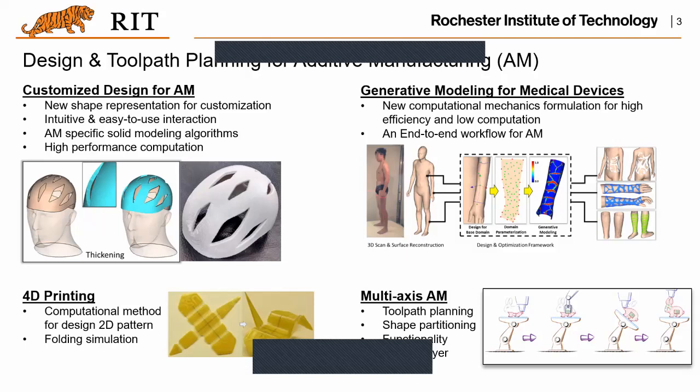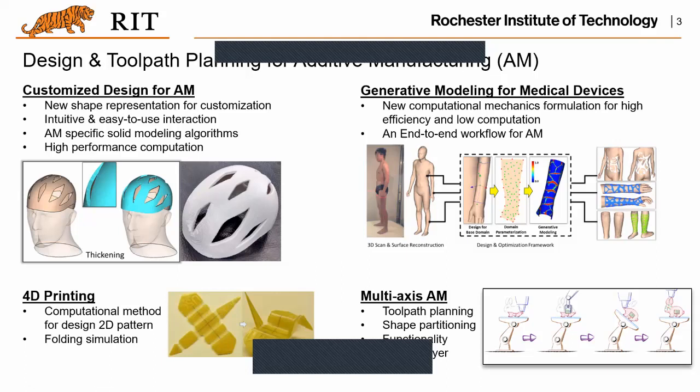So the benefit will be, well, it's much easier to print something in 2D, right? You don't have to worry about support structures. You don't need to have a large space to store or to transport those 2D patterns, to pack the 2D patterns. It's much easier to do it.